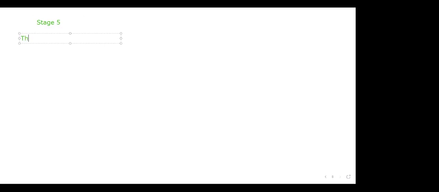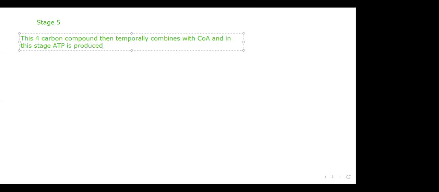So this 4 carbon compound temporarily combines with coenzyme A. And in this stage, ATP is produced.